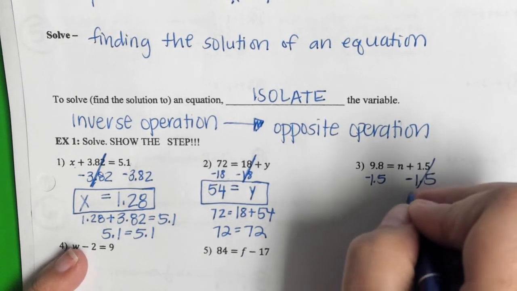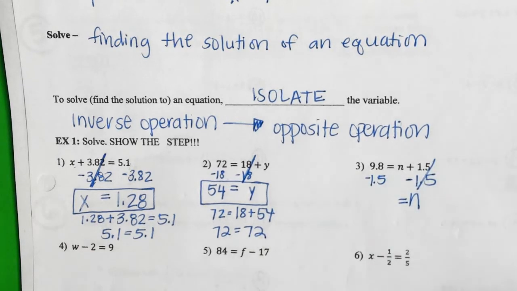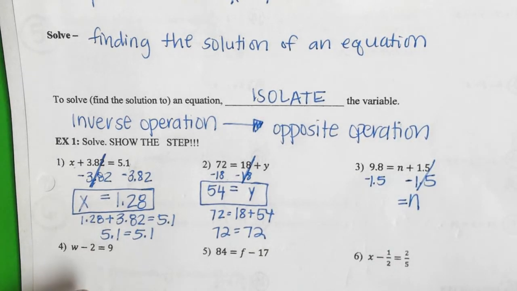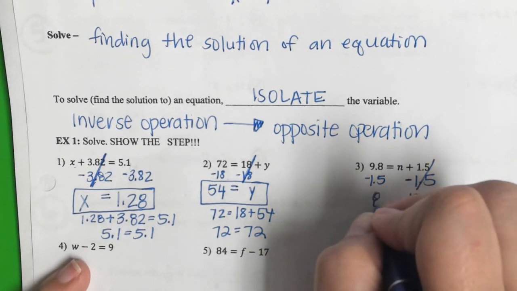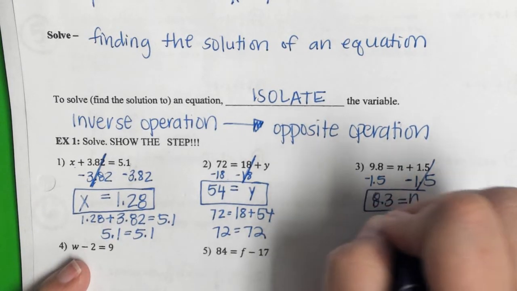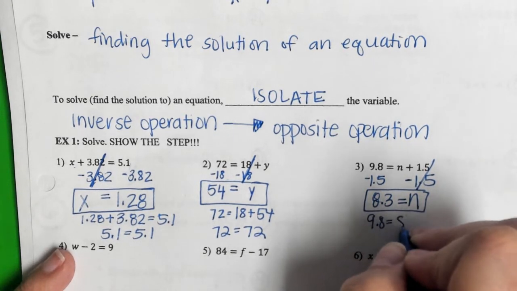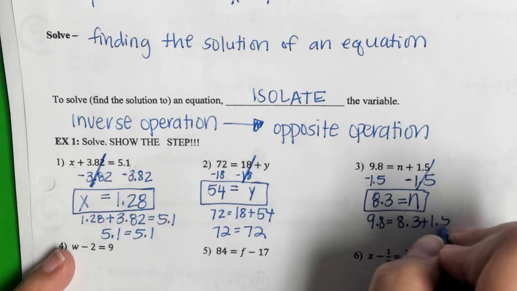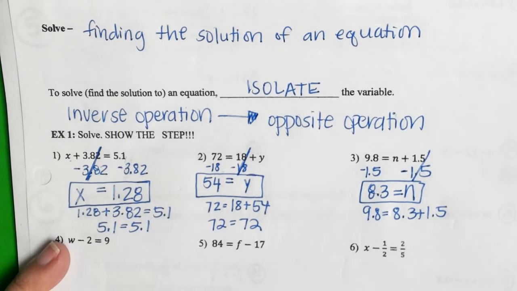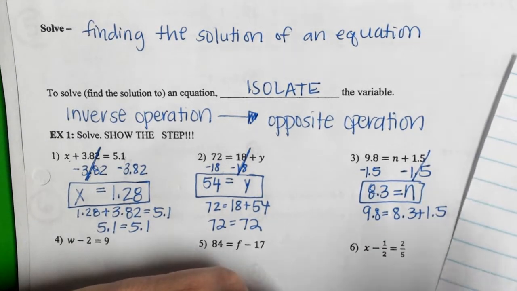So that cancels that out. N is equal to 9.8 minus 1.5. What do we get? 8.3. So that is my solution. And now I can plug it in to check. So now if I look at this, whoops, sorry, I didn't mean to cover that up.